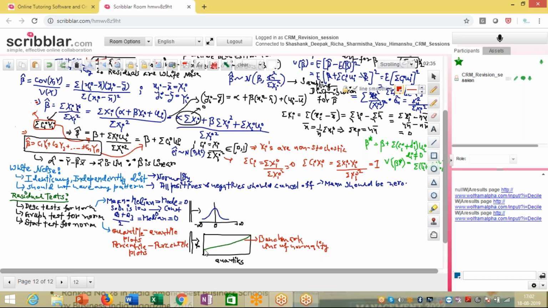So if the mean is 0 and with a constant variance, then this should be the line of normality.